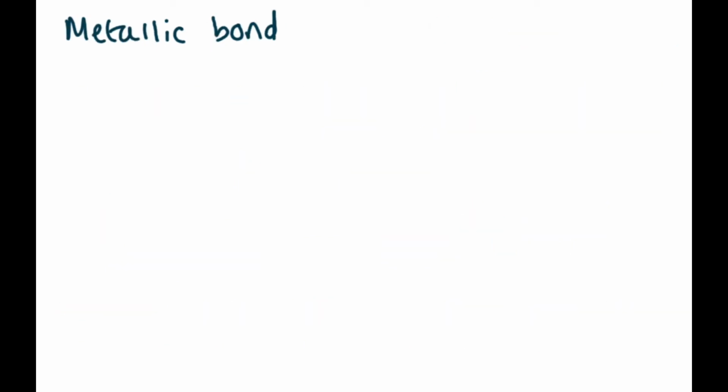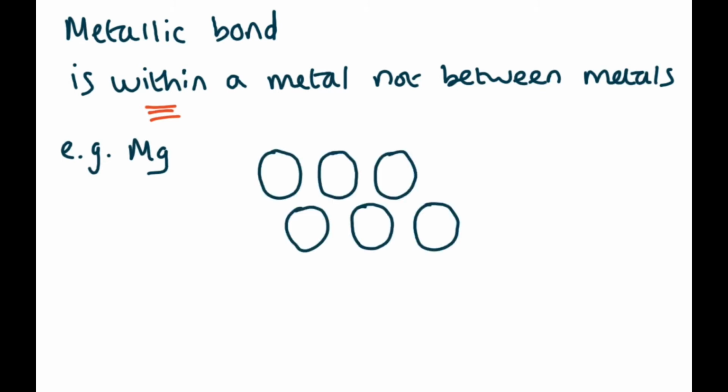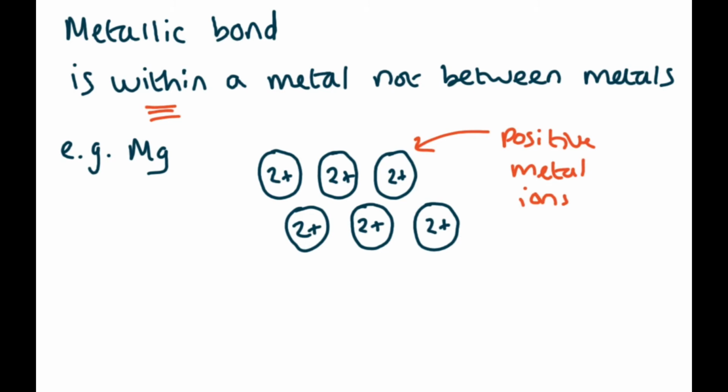The second bond is metallic bond, and a metallic bond is within a metal, not between metals. So for example, magnesium. You've got magnesium atoms, and the outer electrons are lost, and they become magnesium ions, 2+ ions.